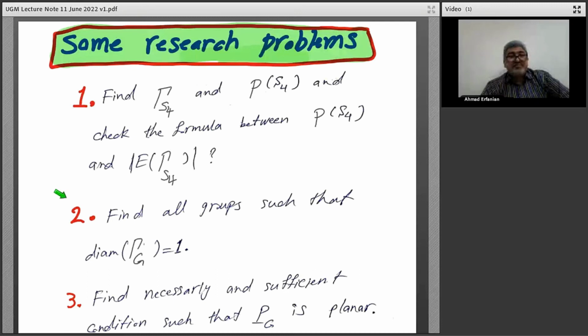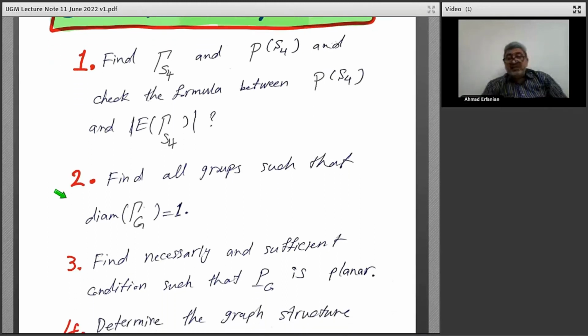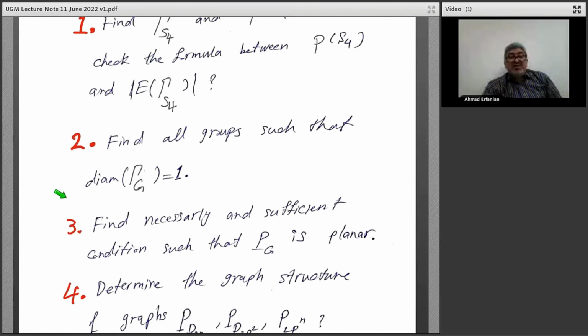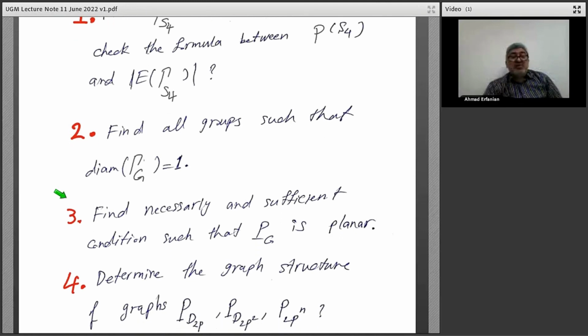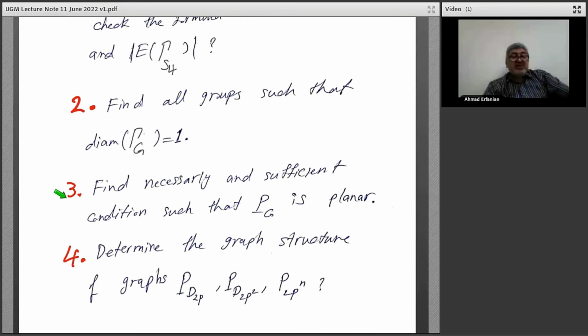Now, here are some research problems. You can find the permutable graph and permutability degree for the symmetric group S4. Is it possible to classify all groups with permutable graph of diameter 1?